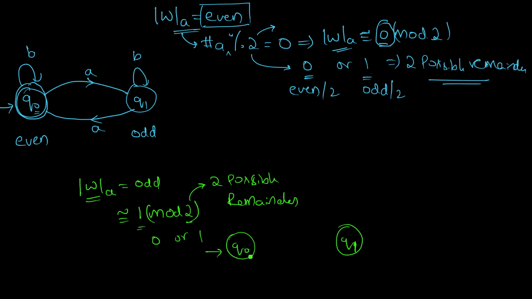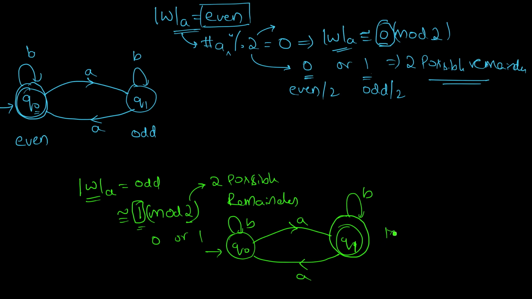And remember, Q0 is always the initial state. Since we are concerned only about the odd number of A's, we will make Q1 the final state. On transition over A, we go to Q1 on seeing A from Q0, and on seeing A from Q1, we go to Q0. On seeing B from Q0, I will be in Q0 itself because we don't have a constraint over B's. On seeing B from Q1, I will be in Q1 itself. This is our minimal finite automaton for strings having an odd number of A's.